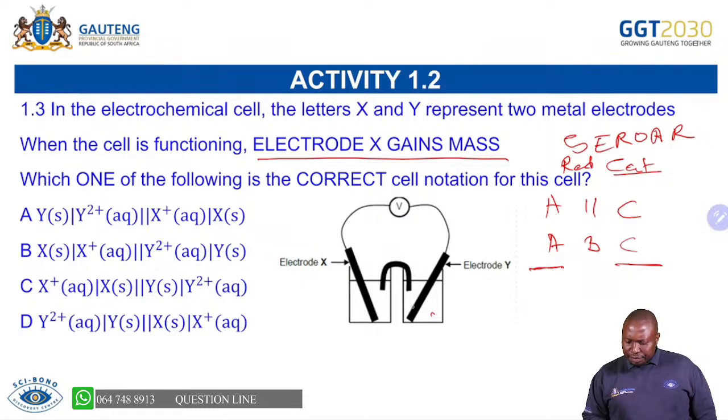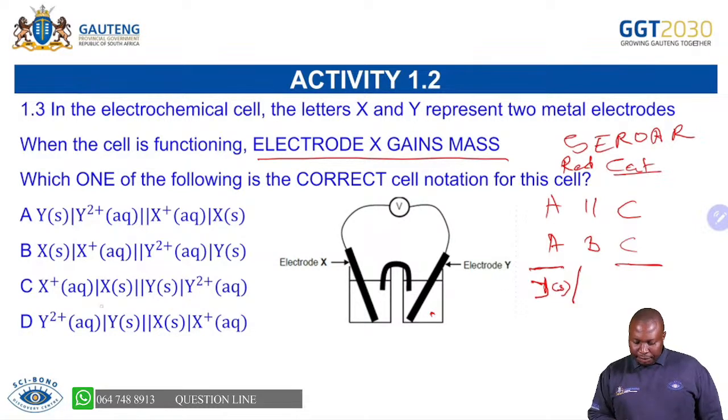So our anode, which is our Y, when you write the reactions, you always start with Y, which is solid. Y solid is forming Y2+, which is an aqueous solution.